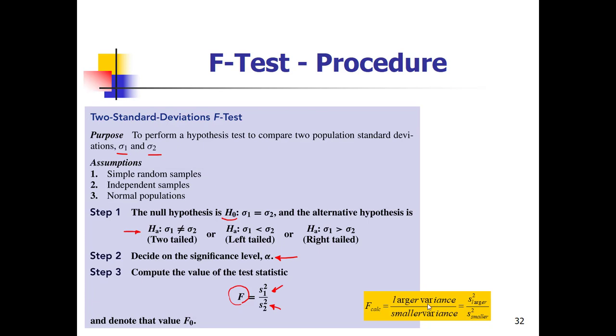That is usually the larger variance divided by the smaller variance, most of the time. So we calculate this F, and we have alpha, the number of samples, and degrees of freedom. We go to the F table and find the F from the F table, and we have one F calculated here. Then we compare them together.